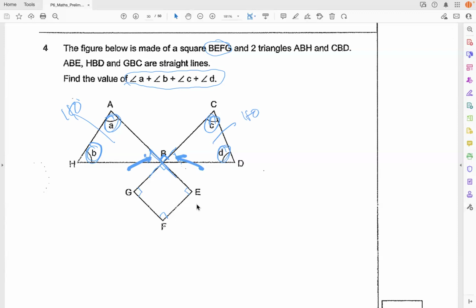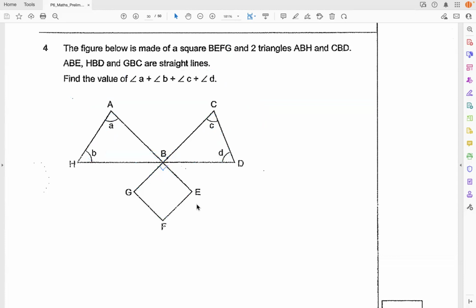So if I use 180 degrees over here plus 180 degrees over here, minus away these two angles, I will be left with A plus B plus C plus D, right? So that is the approach I'm going to use.